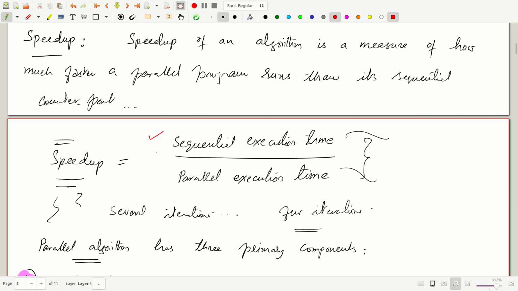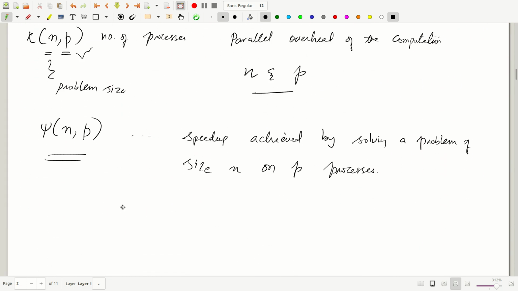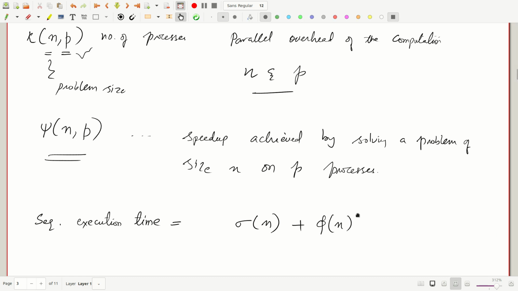Let us calculate the sequential execution time using this notation. It can be written as sigma of n, the inherently sequential part of the computation, which of course needs to be done by the sequential program as well, plus the parallelizable part of the computation, which may be run in parallel, but because we are running a serial program, it will be run in serial, taking phi of n seconds.